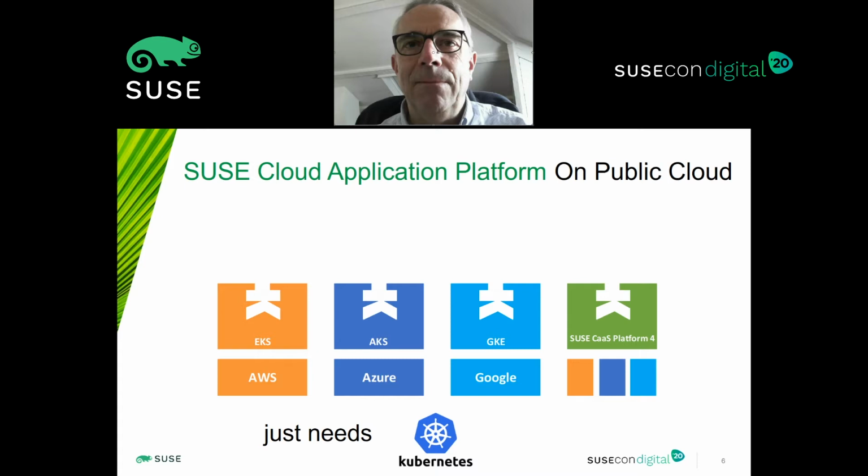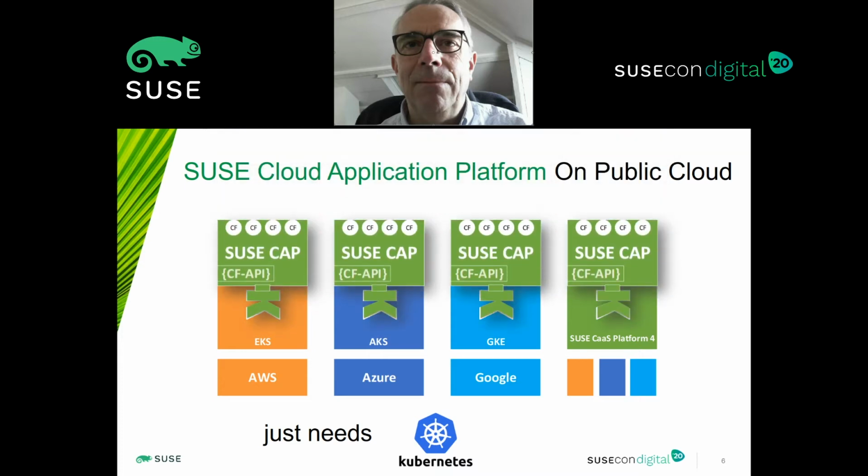This Kubernetes cluster can be either provided by one of your public cloud providers like EKS, AKS, GKE, or you can deploy on your own a SUSE CaaS Platform version 4 to have a unified Kubernetes layer on top. The CAP after can be deployed to any of them in an identical way. This deployment is performed using Helm. It is the standard deployment and configuration tool for Kubernetes.